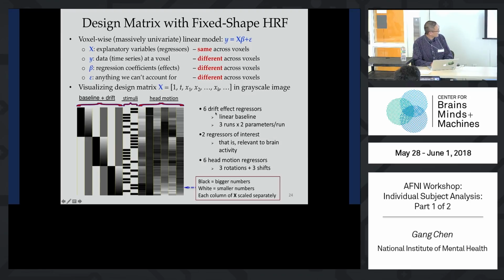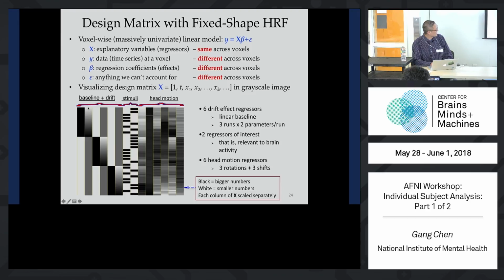So in this case, we have 3 runs. Each run, we have 2 regressors. One is the intercept, I mean the baseline, one is the linear drift. That's why the first 6 columns are for the slow drift, and you can see these 3 segments, right? So the big pattern: the baseline, of course, is uniformly black.